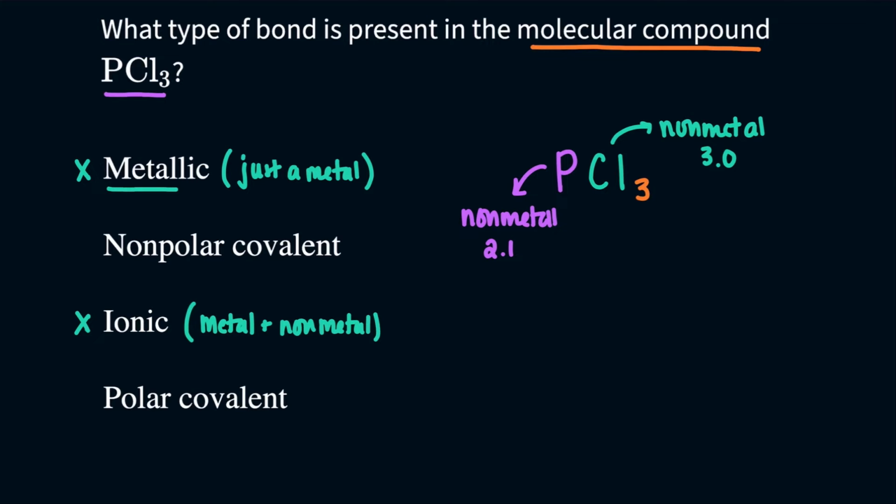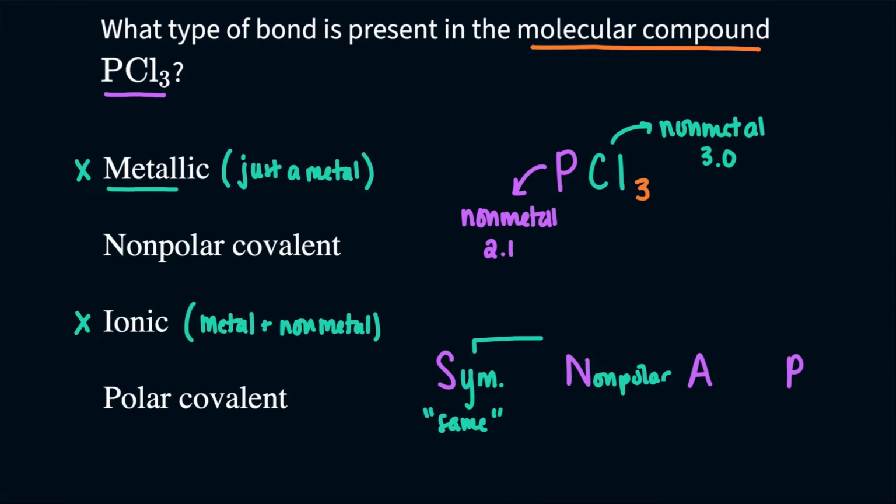Now, if you don't have electronegativity values, you could always go by the mnemonic SNAP. Snap it out. If the bond contains symmetrical elements, aka the same, then your bond would be classified as nonpolar.